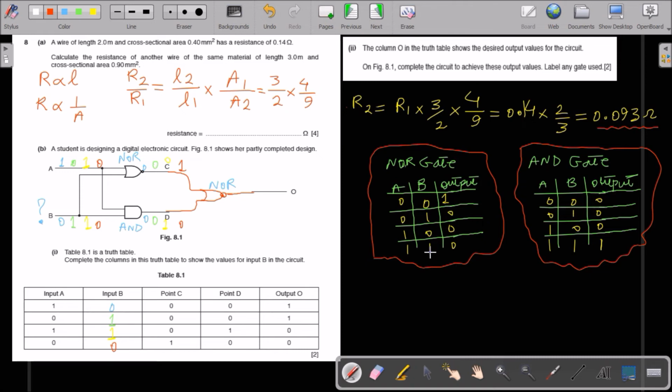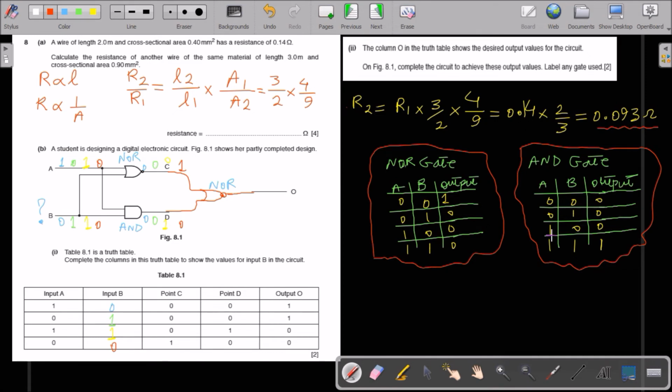Now look at output D. Output D also is 0, and this gate is AND gate. Look at AND gate.